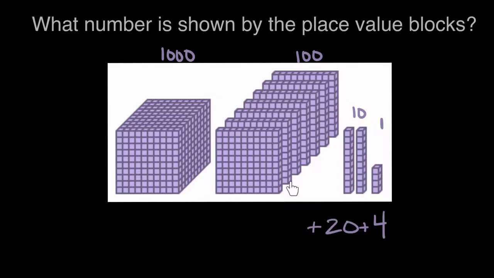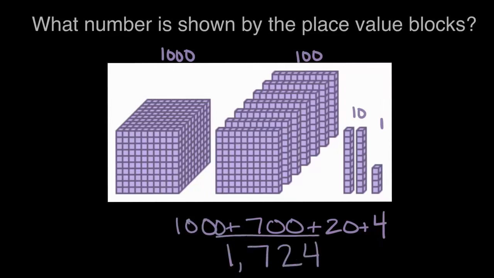Let's see, 100, 200, 300, 400, 500, 600, 700. There's 7 of the hundreds. Plus only 1 of the thousands, which will be 1,000. And now to combine this, to write this all together, this will be 1,724. 1,724 is the number shown with these place value blocks.